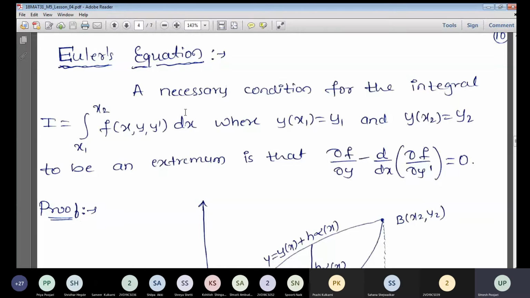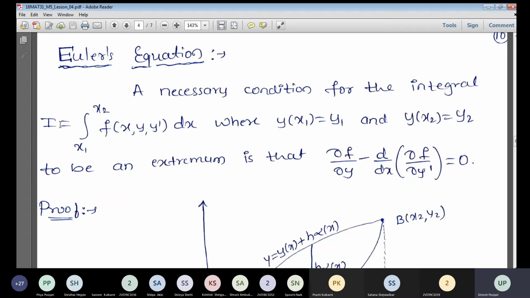The statement says a necessary condition for the integral I equals integration of f(x, y, y') from x1 to x2, where y(x1) = y1 and y(x2) = y2, to be an extremum is that it should satisfy ∂f/∂y minus d/dx of ∂f/∂y' equals 0.